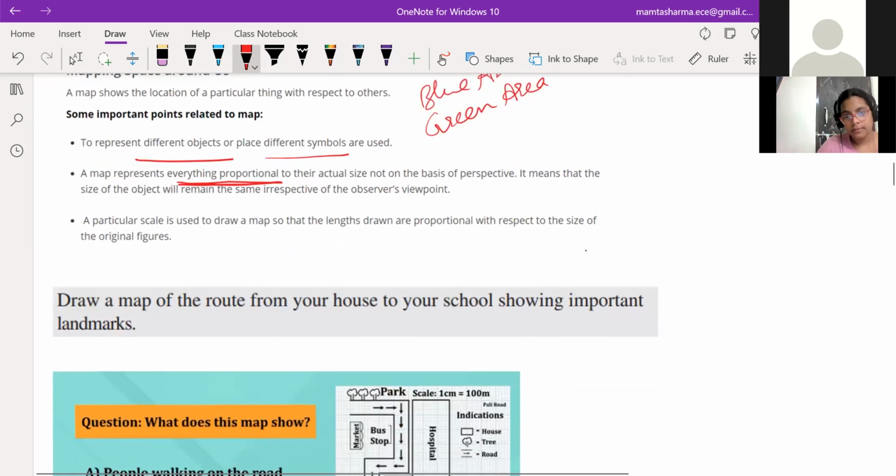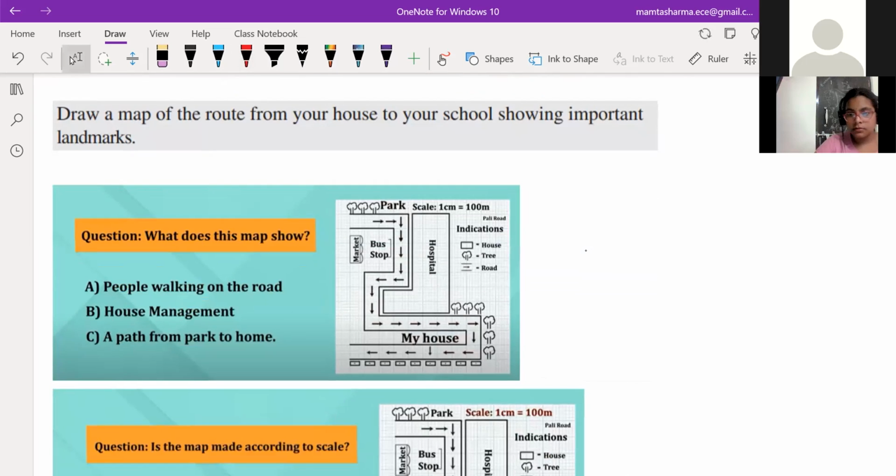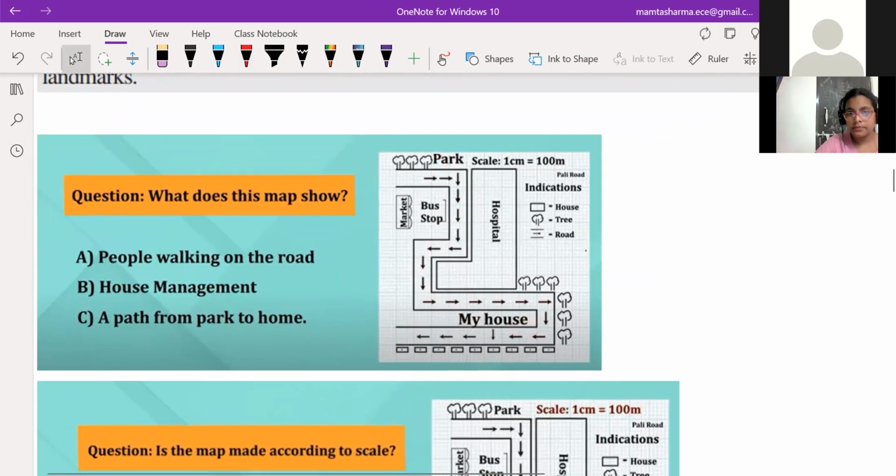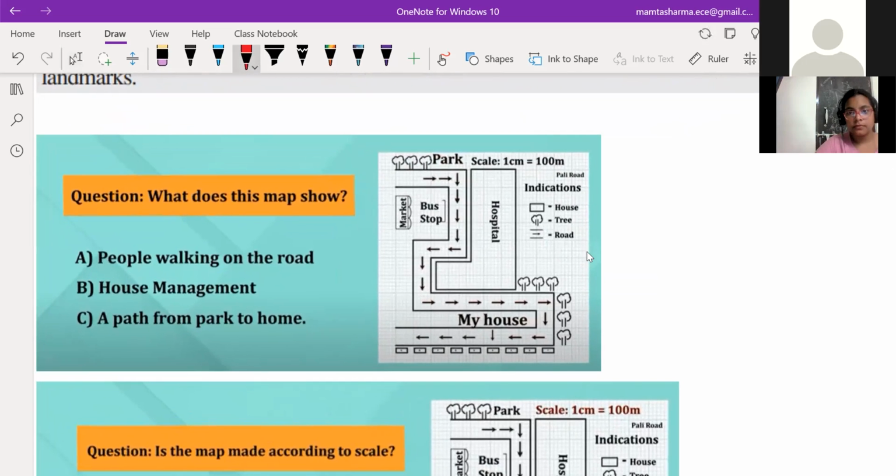Now see, I have taken this example. This is a map, and this map is showing the market here and my house here. This map is showing the route from the market. In front of the market there is a bus stop.